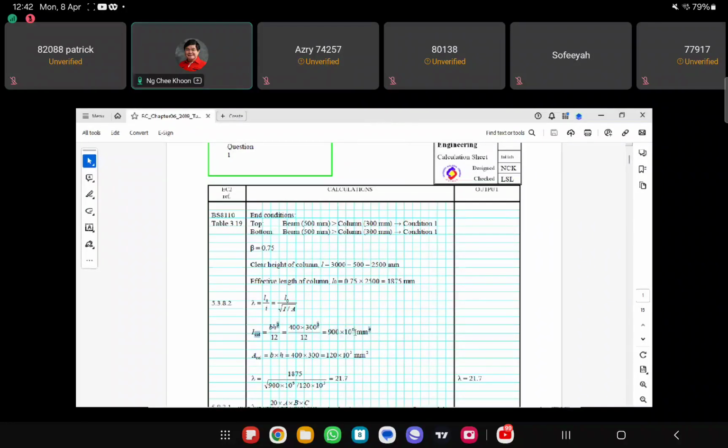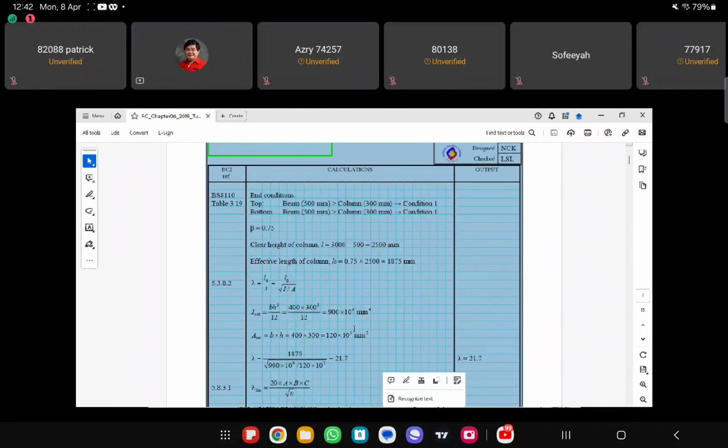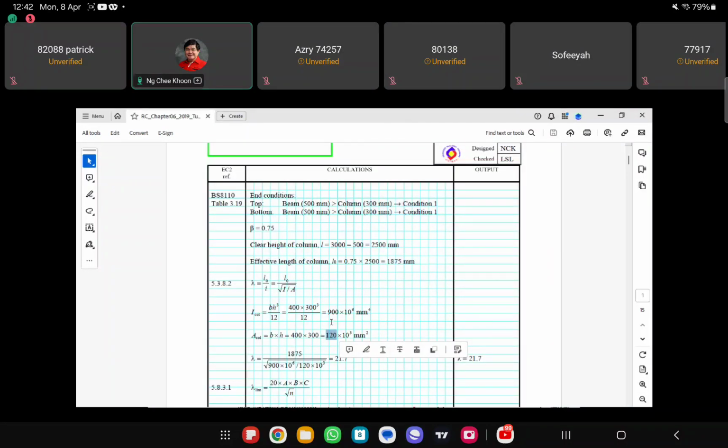So this is IYY. Then the cross-sectional area of the column is B times H. So it will be 400 times 300. So you get 120 times 10 to the power of 3 square millimeter, right?